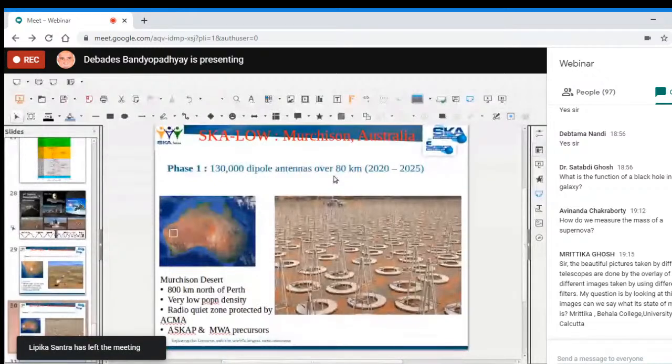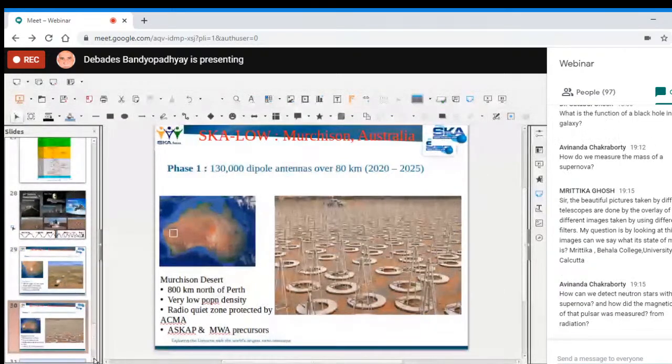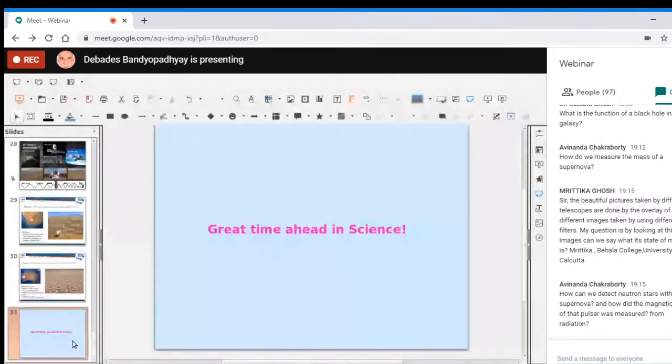With this, I just end by saying that there is a great time ahead in science for the younger generation. If you join any one of these projects, India will benefit from your contributions. So think about it.